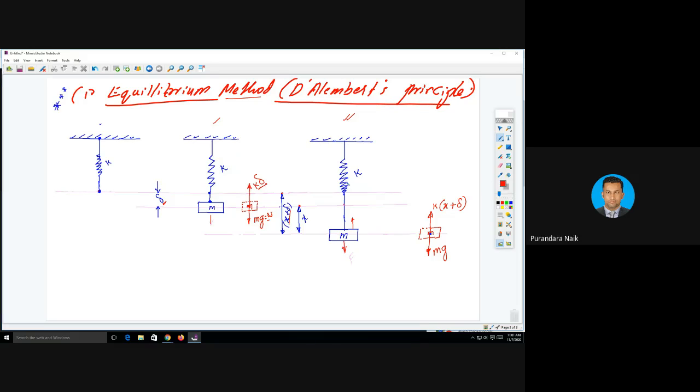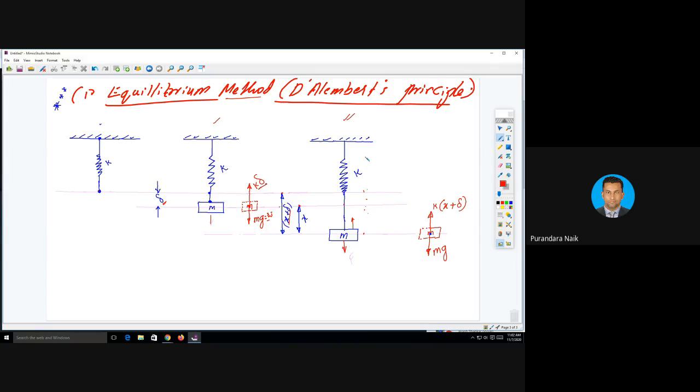Constant velocity means velocity will be the same everywhere. But the mass moves at a slower rate at the end position, and the velocity will be maximum at the middle, the equilibrium position. Again, as it moves up, the velocity goes on decreasing.